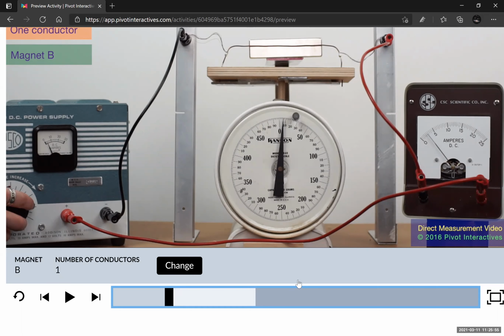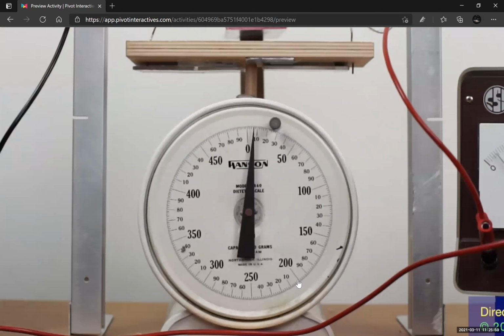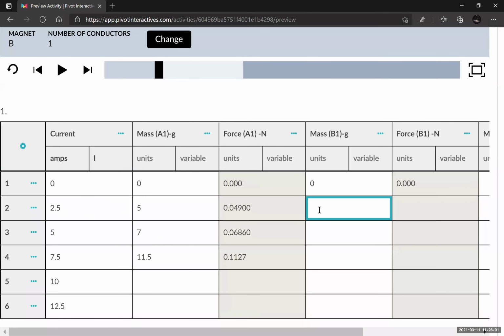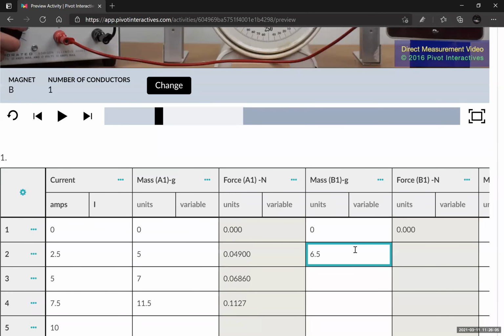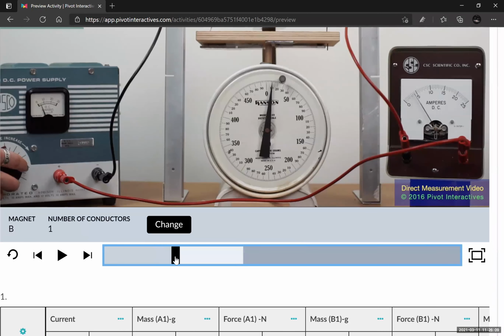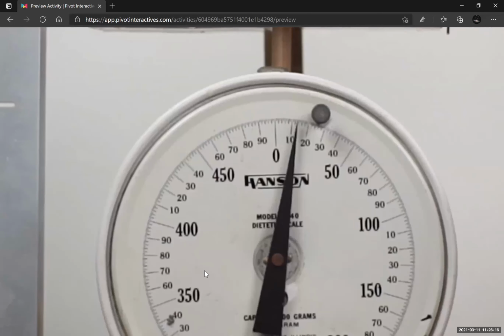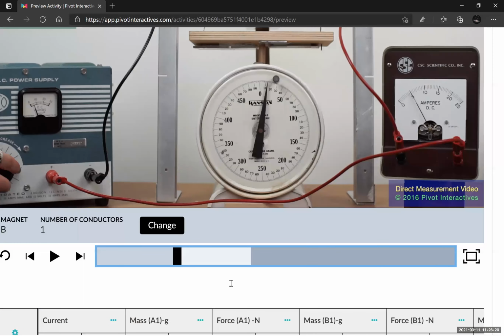It's roughly 6-ish, so maybe 6.5, and you get the force. Then go to 5 and measure it. This is almost 13-ish, so almost 14.